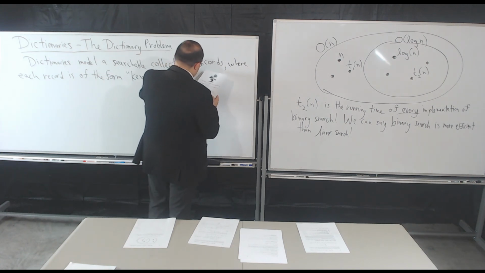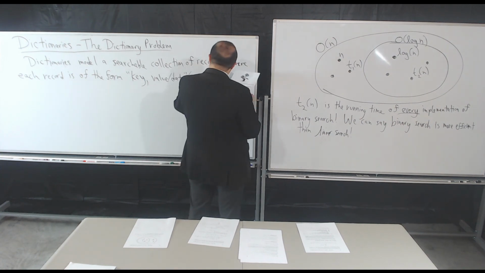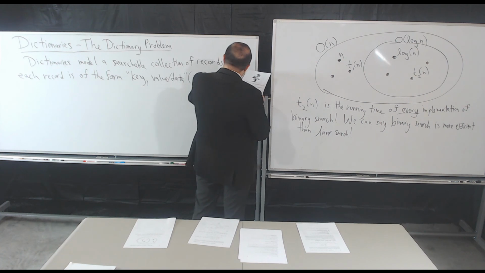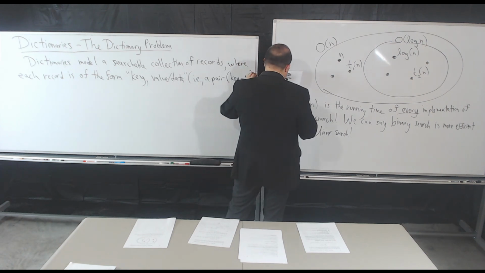So there's pairs, i.e. a pair, key, comma, value. So it's an ordered pair.